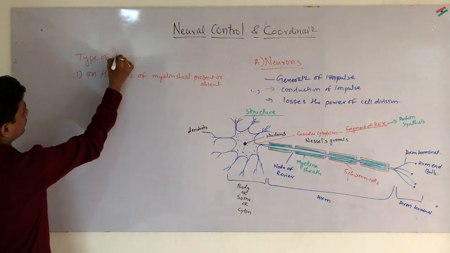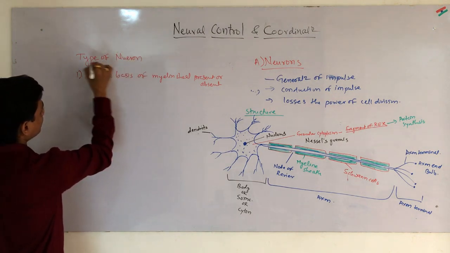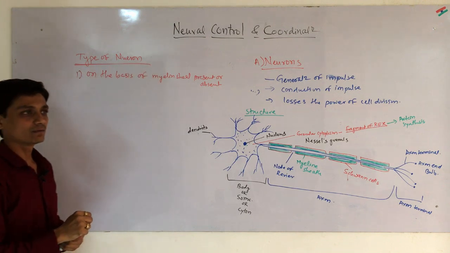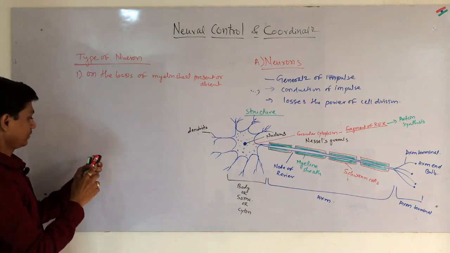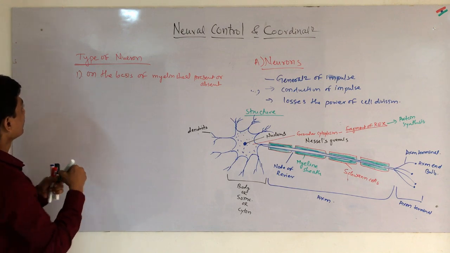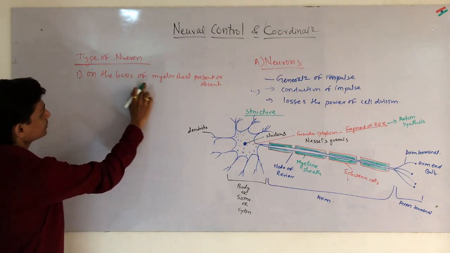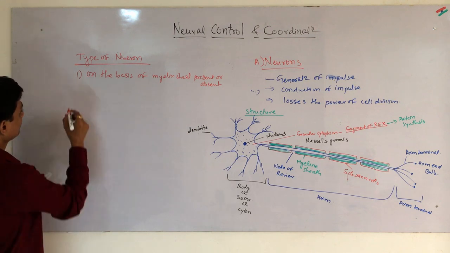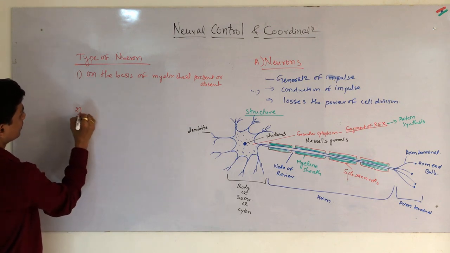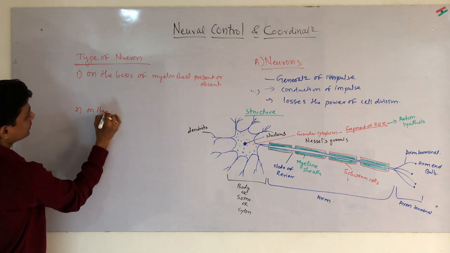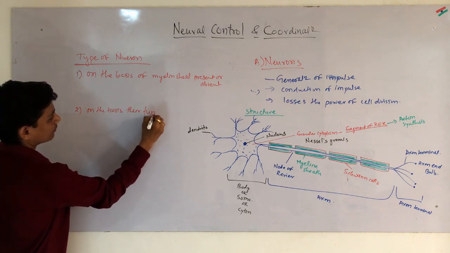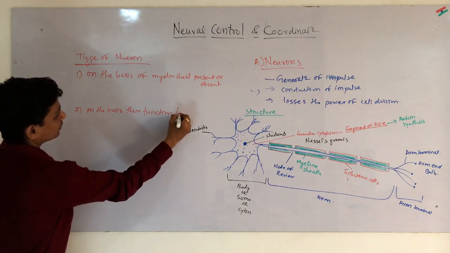Types of neuron. Under that, the neuron is classified by various properties. First, on the basis of myelin sheath present or not. Second, on the basis of their function or nature.